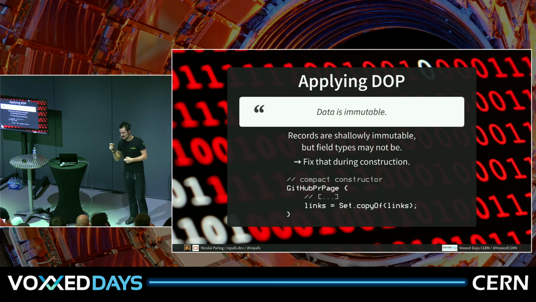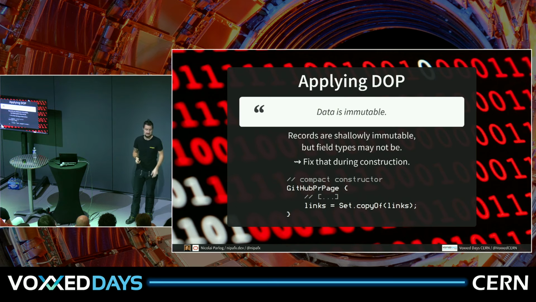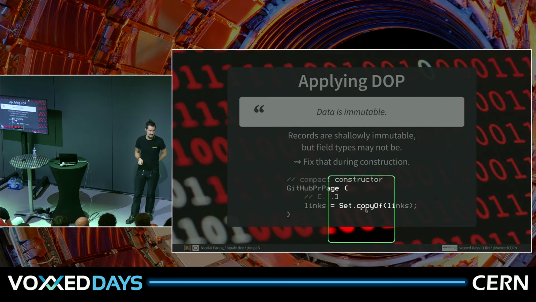Now a record has final fields. That means the fields cannot be reassigned. But if the fields reference something that can be changed, like an array list, then that means somebody can get that array list or this hash set and just clear it or add stuff to it. So that means if you really want to be immutable, you might have to do some extra work. Specifically with collections, that means you need to create immutable versions of those collections, and JDK 10 added these copyOf methods.